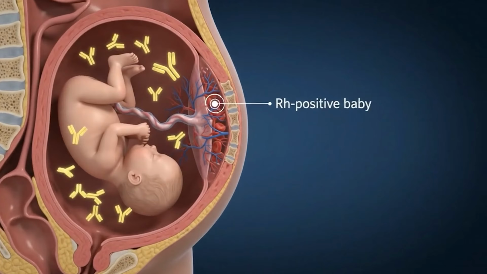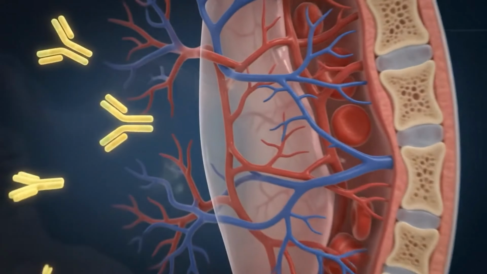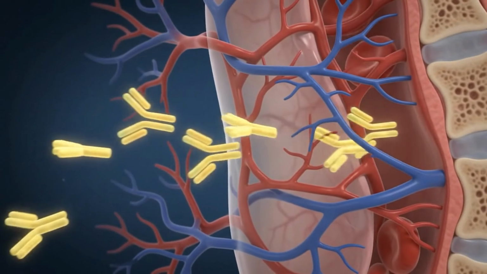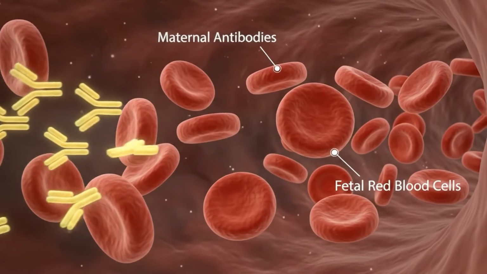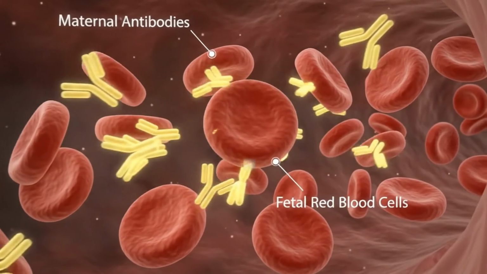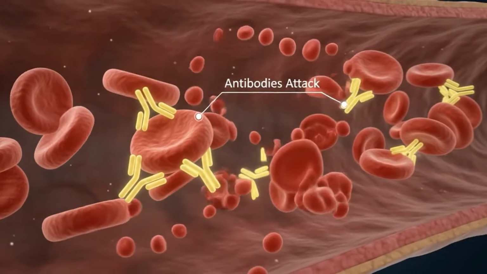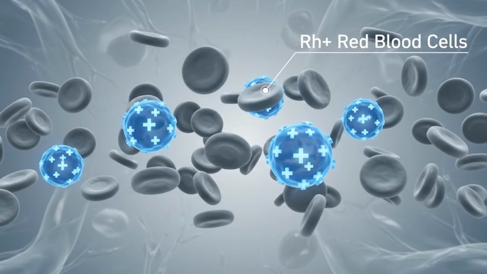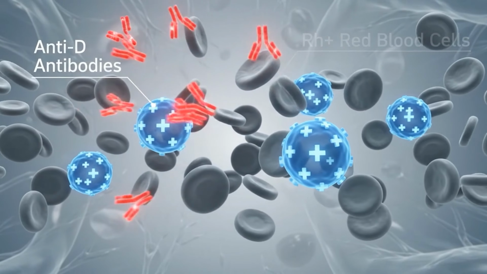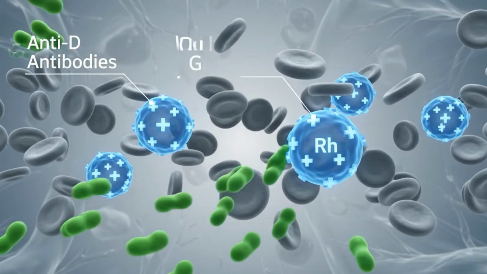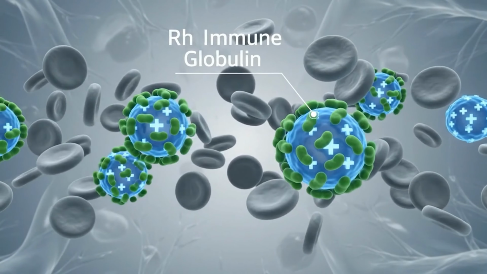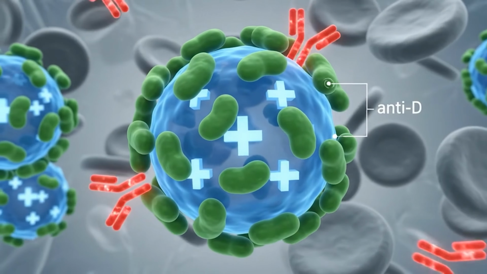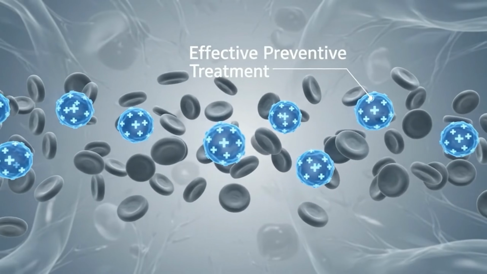In a later pregnancy with another Rh positive baby, those antibodies can cross the placenta and potentially attack the baby's red blood cells. This condition is called hemolytic disease of the fetus and newborn. Fortunately, modern medicine has an effective preventive treatment involving Rh immune globulin, commonly known as anti-D immunoglobulin. This is one reason blood group testing is an important part of pregnancy care.